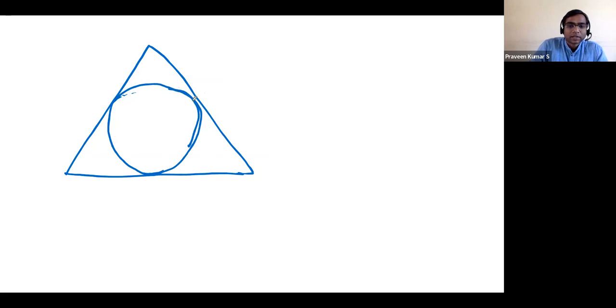Ideally this should have been touching here, and when you draw it will be perpendicular. So this point will act as the incenter, this will act as the centroid, this will act as the circumcenter, this will also act as the orthocenter.